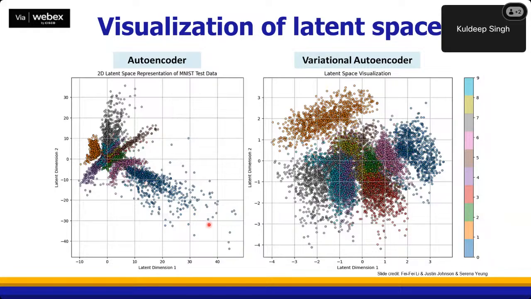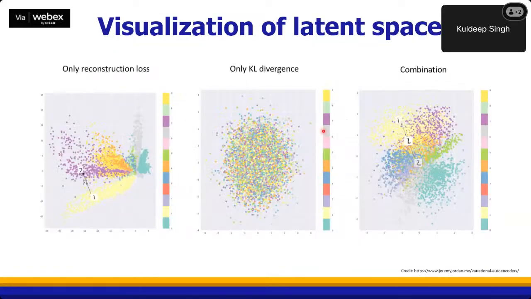They are not smooth, randomly distributed for each of the digits. In latent space, we are using 2 dimensions here. However, in the case of variational autoencoders, you can see there is a very smooth and continuous distribution for each of the digits here. There are 10 digits, 0 to 9. And for each of the digits, it is smooth and continuous distribution in the latent space.